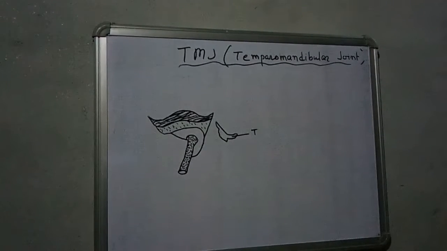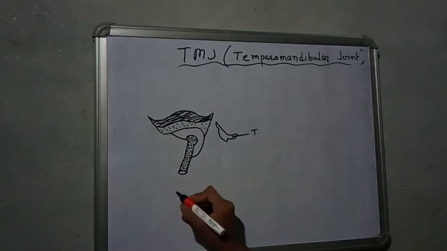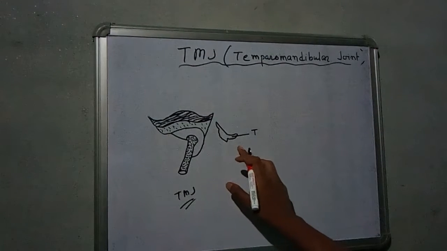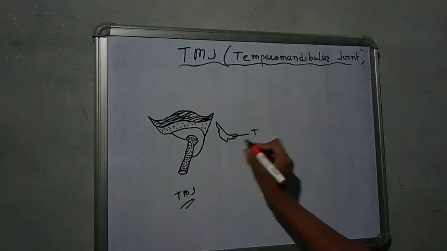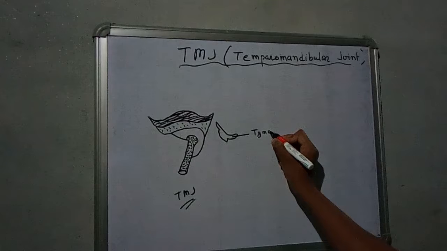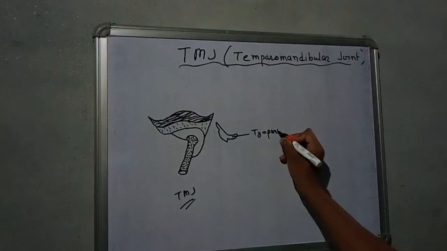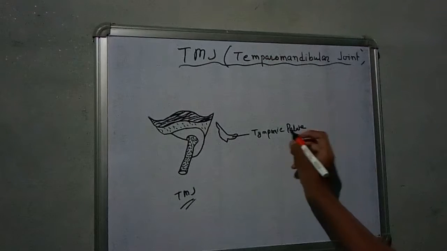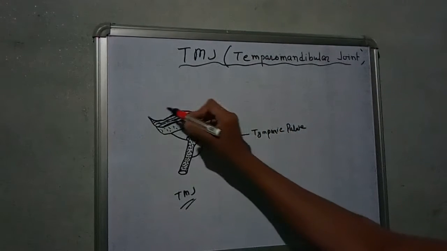So this is the TMJ, and this is the tympanic plate, and this is the mandibular fossa.